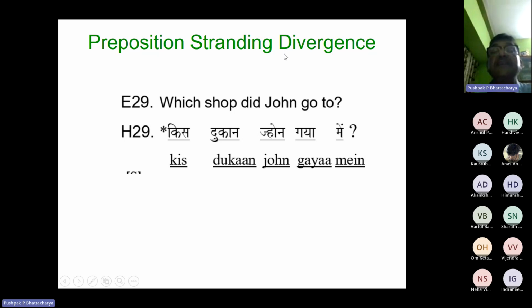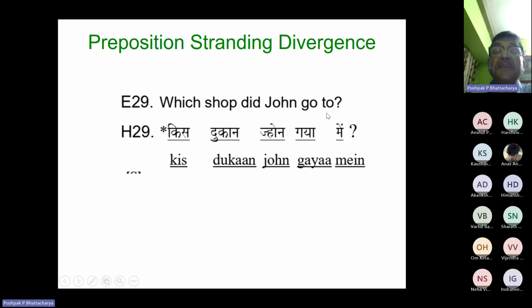Preposition stranding divergence is a very typical English language phenomenon. Which shop did John go to? So here, the word stranding means there is a distance between the preposition and the noun it should be attached to. The actual sentence is to which shop did John go?